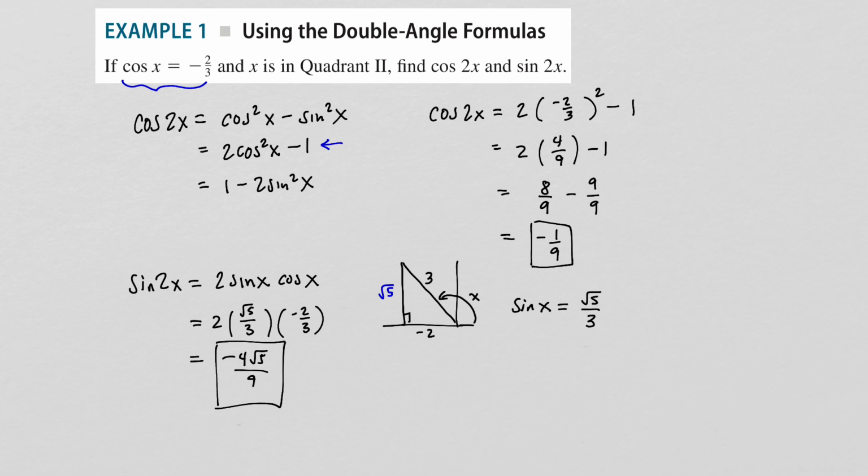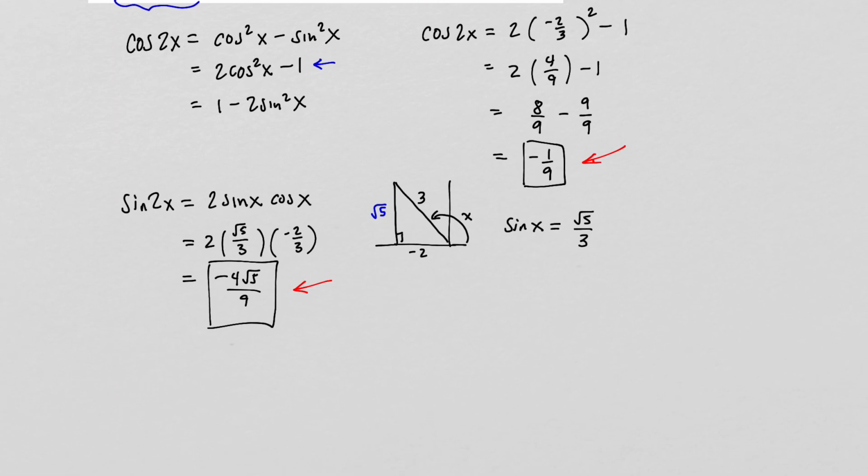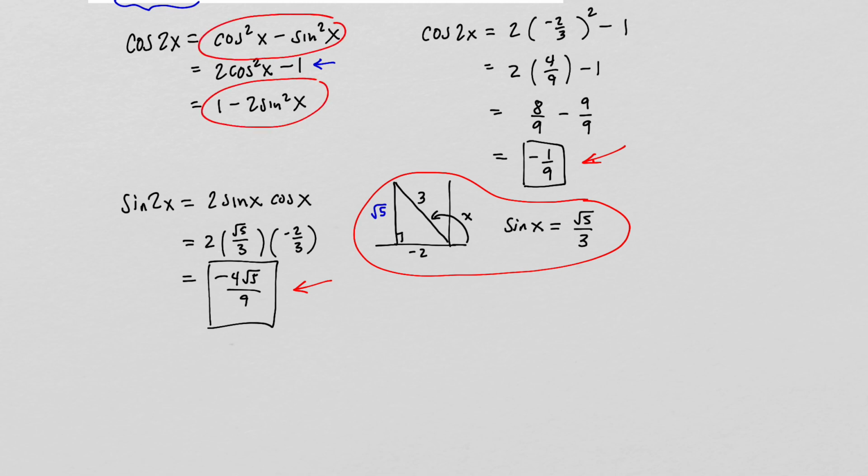So here we have the cosine of 2x and the sine of 2x. Now, just to be clear, if we had done this first, we could have used these other two identities to find the cosine of 2x. Let me just show you what that would look like.